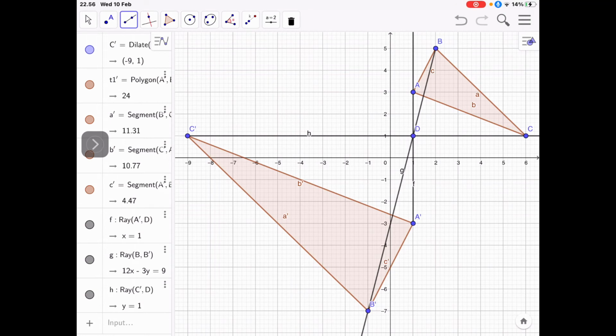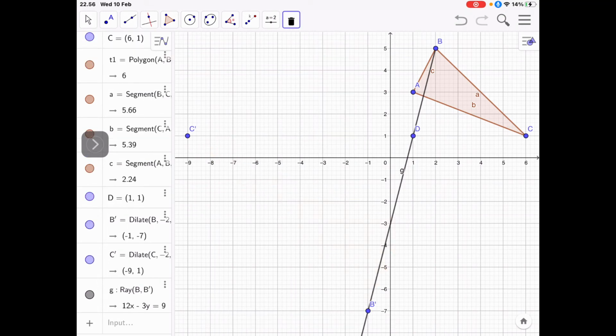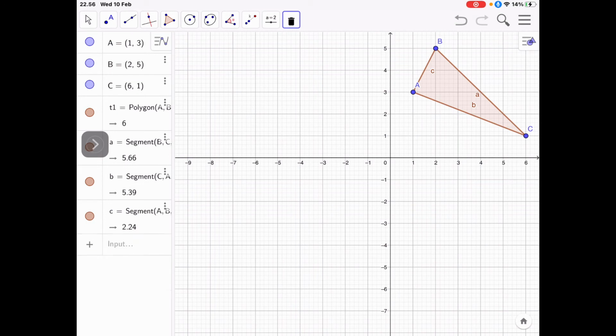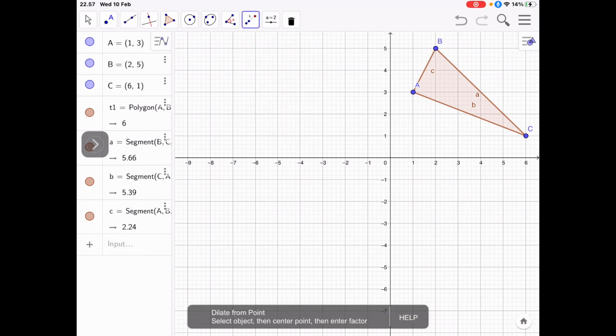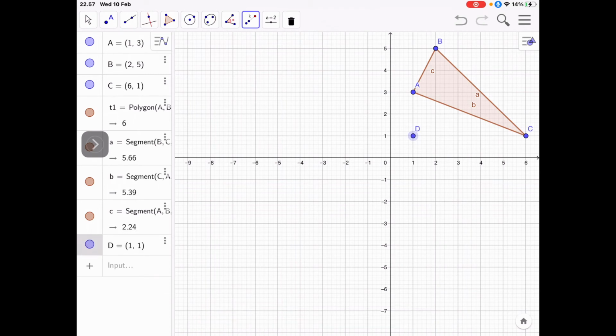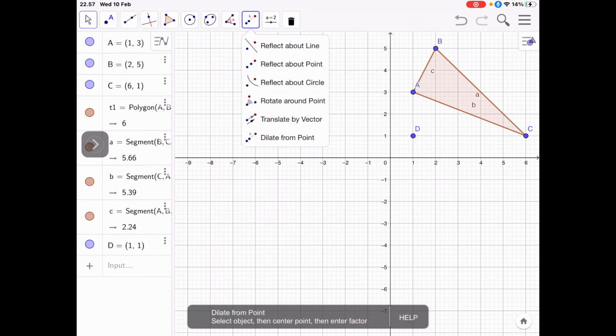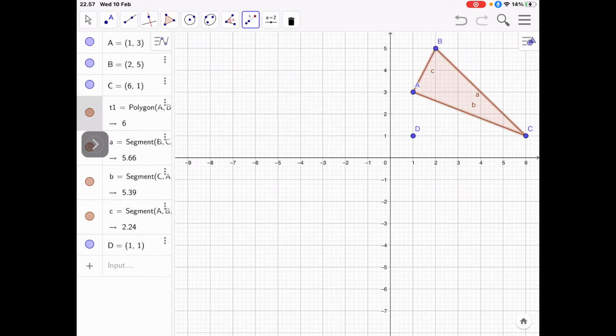However, if we have a scale factor smaller than 1, then the object will get reduced. Let's say the same center of enlargement, and we want to enlarge the same triangle.